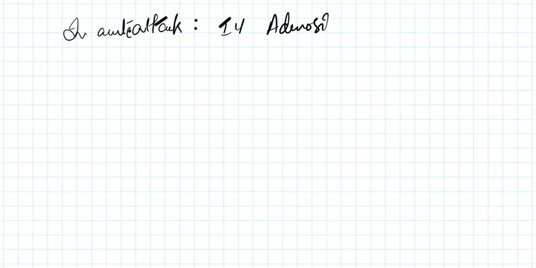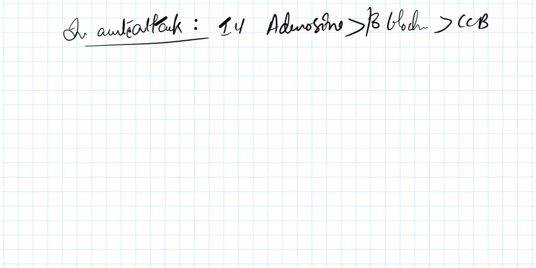It is IV adenosine followed by beta blockers followed by CCB. So remember this. So if you get a patient to the OPD with an acute attack of arrhythmia, be it something like PSVT or SVT, the first thing is always give IV drugs.